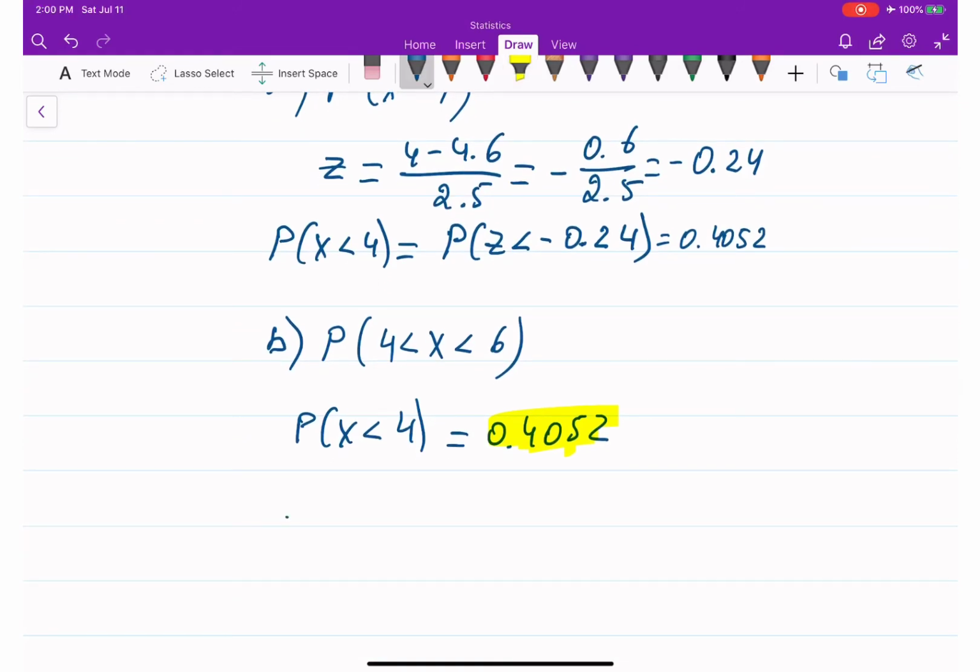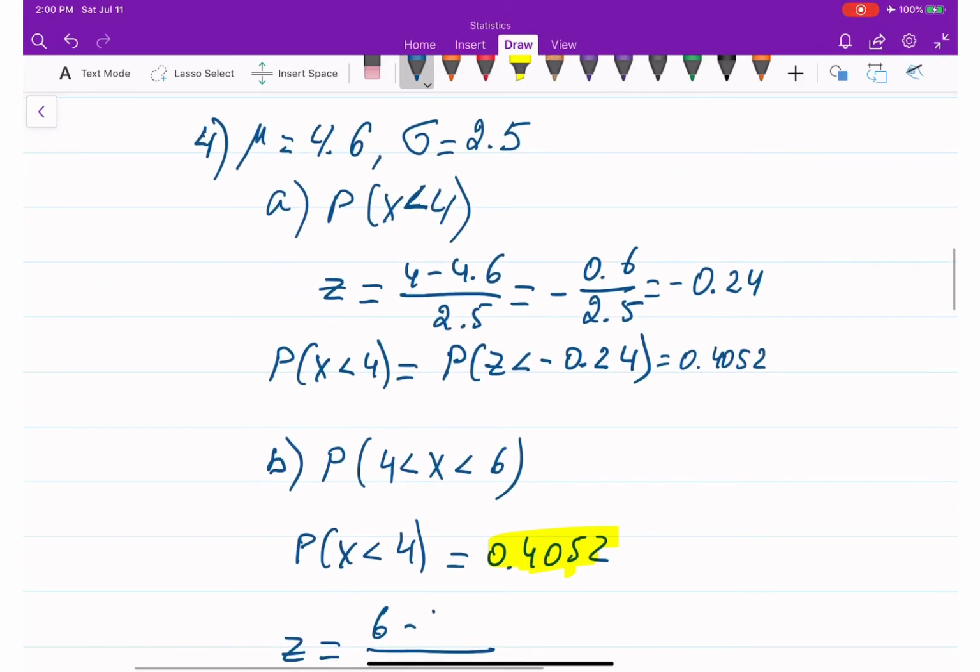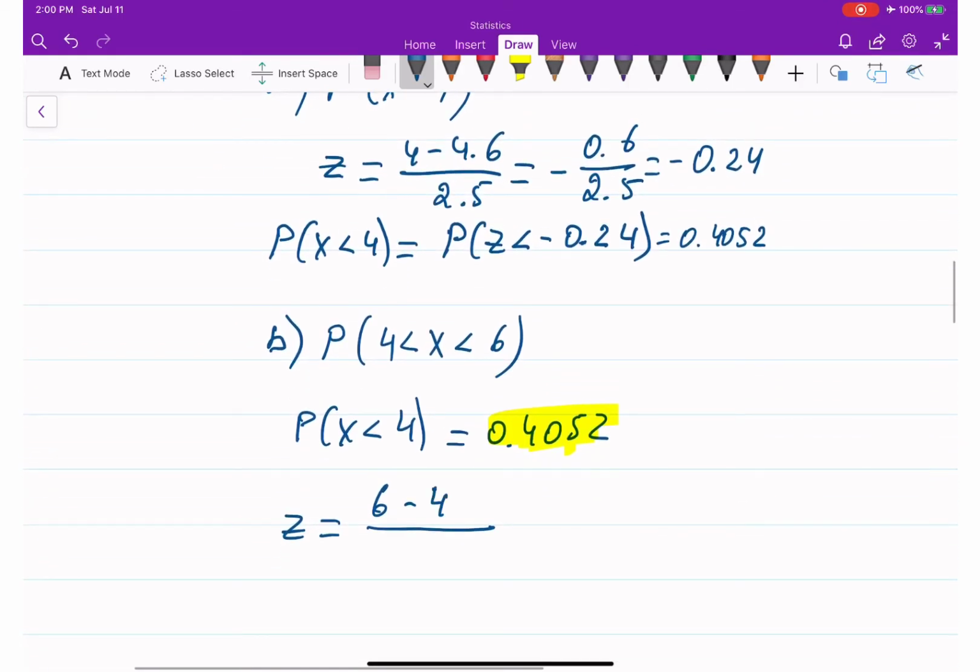So z is equal to 6 minus, how much was mu? 4.6, divided by 2.5. Okay, so 6 minus 4.6 is 1.4, and we divide by 2.5.